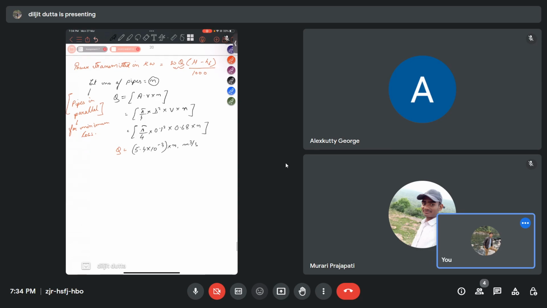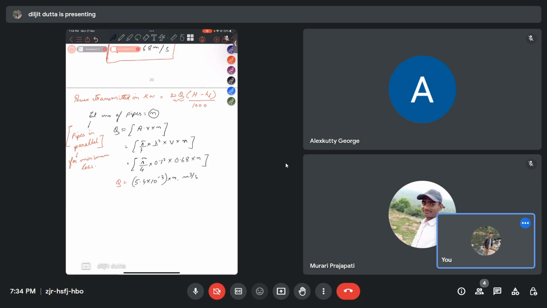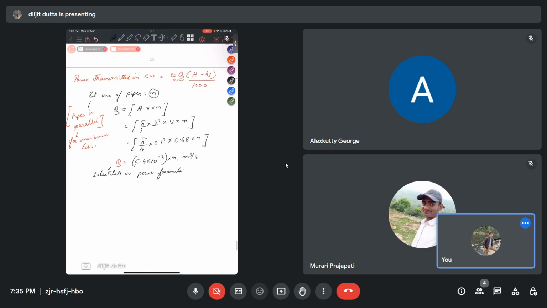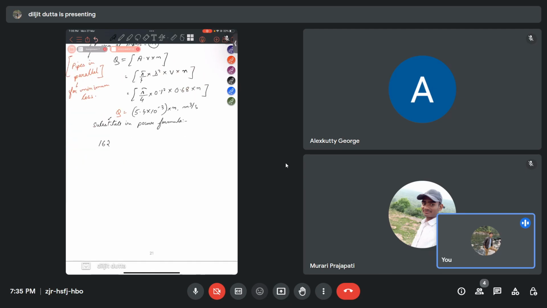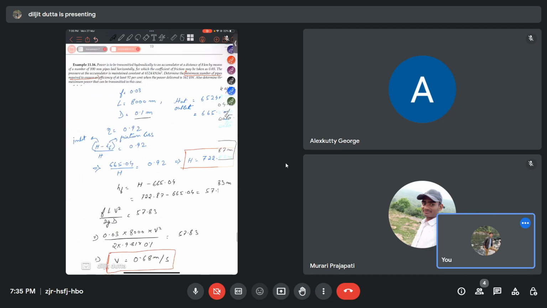Now we have the formula for power. We will substitute in the power formula. We have power as 162 kilowatt. Now W is rho G, Q, H minus HF, and H minus HF we have as 665.04.